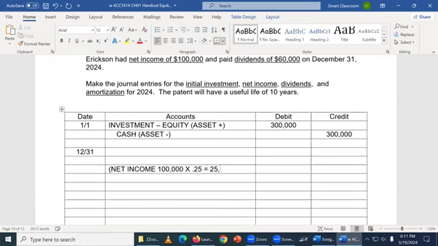So their share will be 25,000. All right, so our investment in the equity is going to go up. Our investment just made money, kind of like money going into the piggy bank.